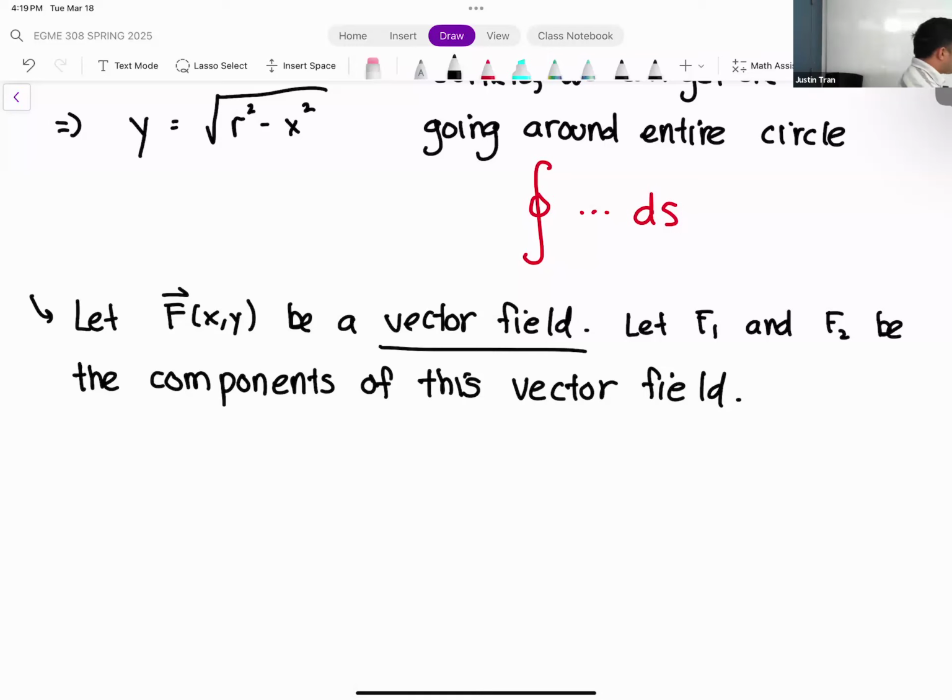And of course, right now we're sticking to 2 dimensions just to keep things a little bit simple. And so with that definition out of the way, let's present Green's theorem.